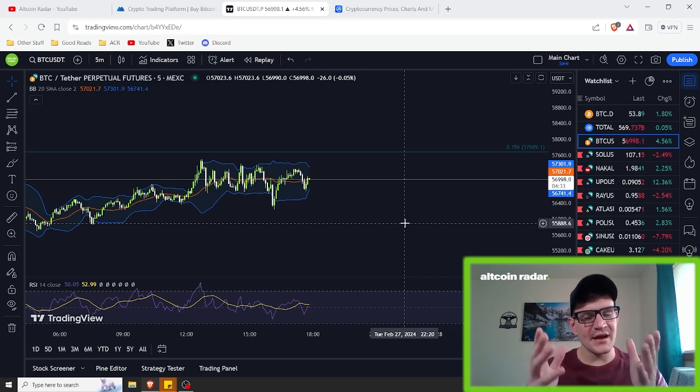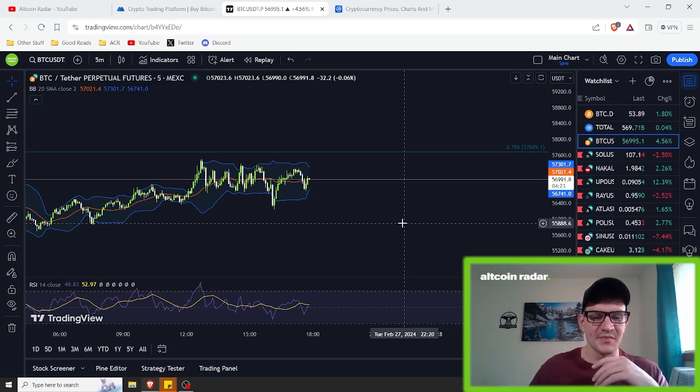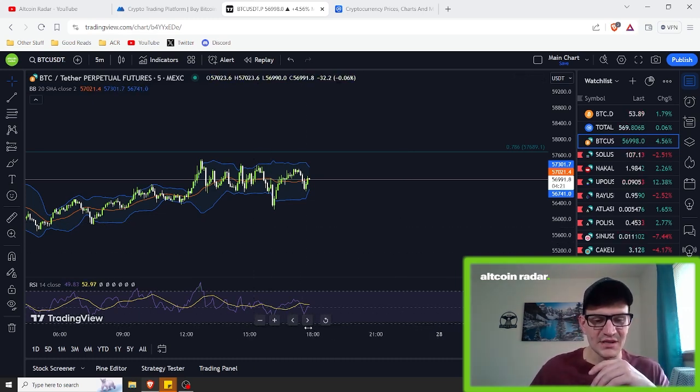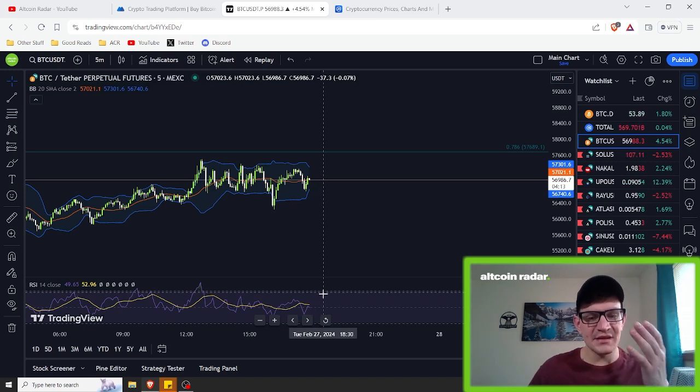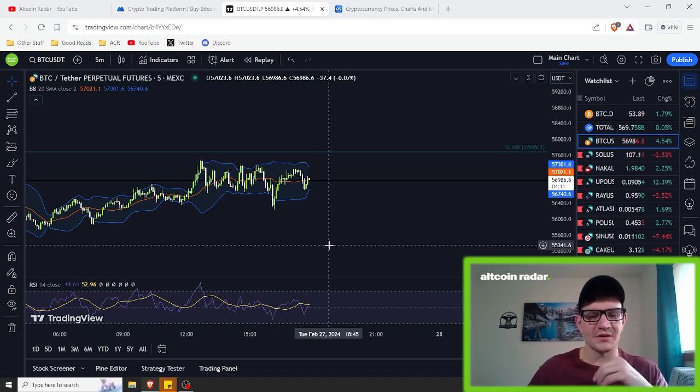So after that, the next thing you want to do is you want to monitor the RSI for potential reversal signals, okay? When the RSI crosses above 30 from below, so let's say it's already currently down below 30 right now, when it crosses above it from below, like I was just mentioning, it may indicate the start of a bullish trend reversal, all right?